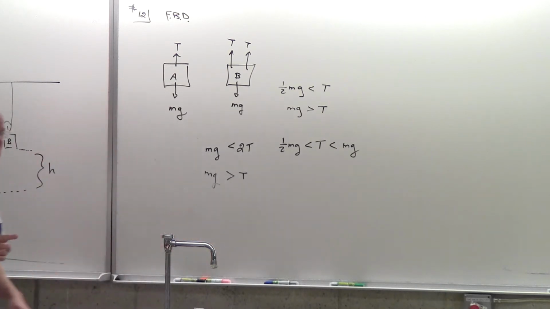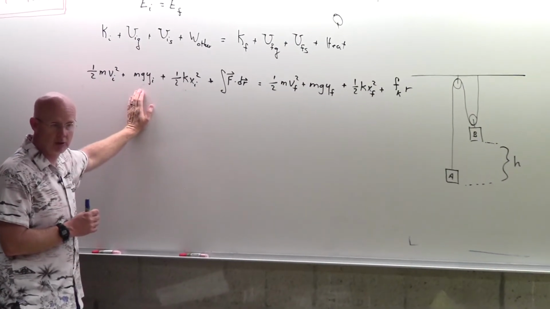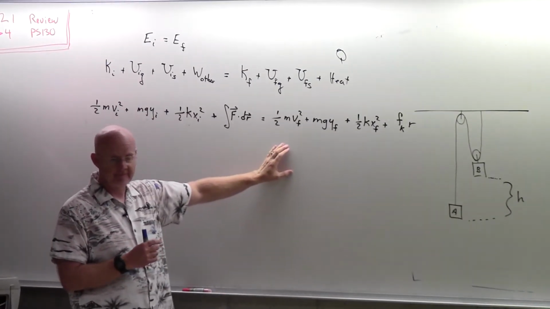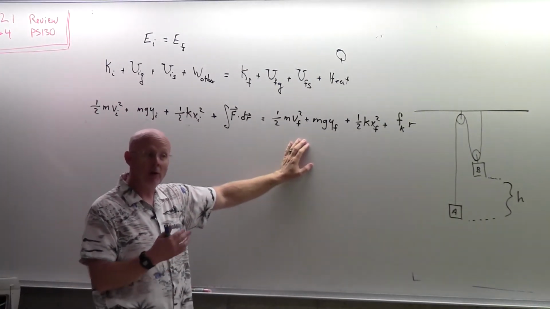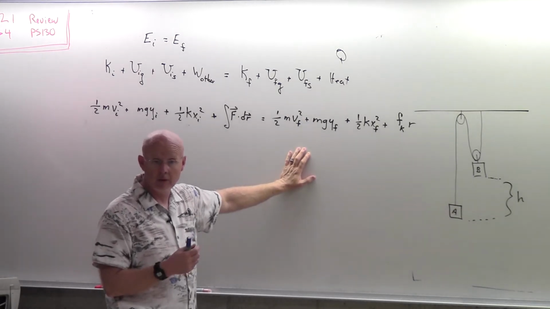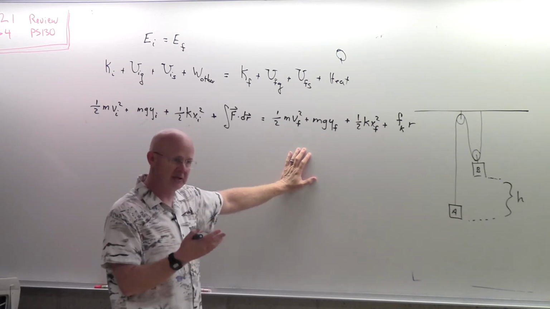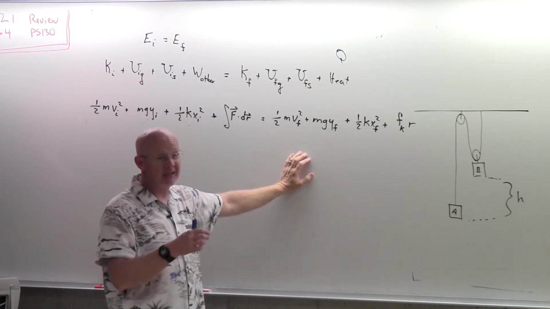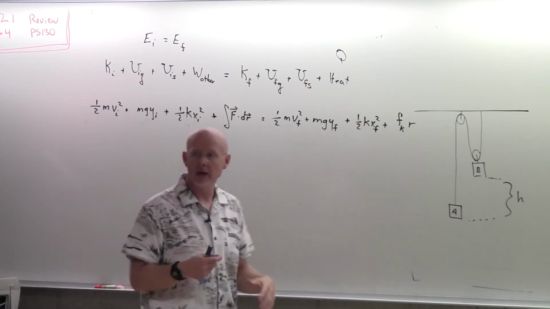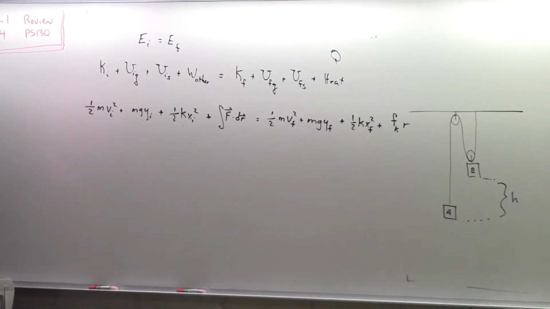But remember, what did we do over here with gravitational potential energy? Didn't we already make that choice of calling up positive and down negative? And so if I'm going to come back over here and use the equation for potential energy, I need to be more consistent with my equation of up being positive and down being negative.